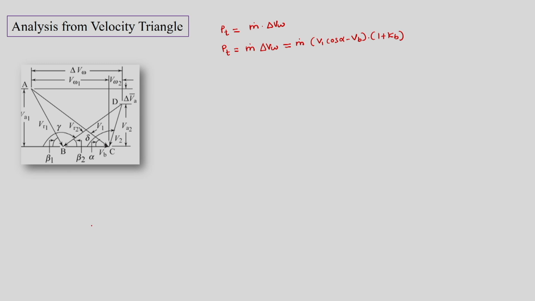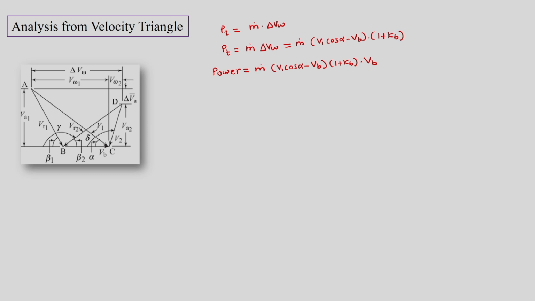This is our tangential thrust, or this is our torque. Now if we want to measure in terms of power, we will have power is equal to m dot into V1 cos alpha minus Vb into 1 plus Kb into Vb. So this is the power output of the turbine.